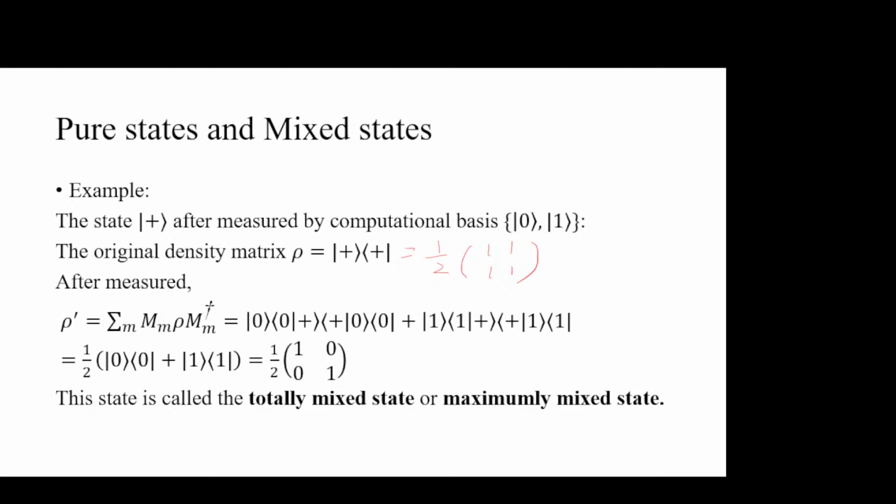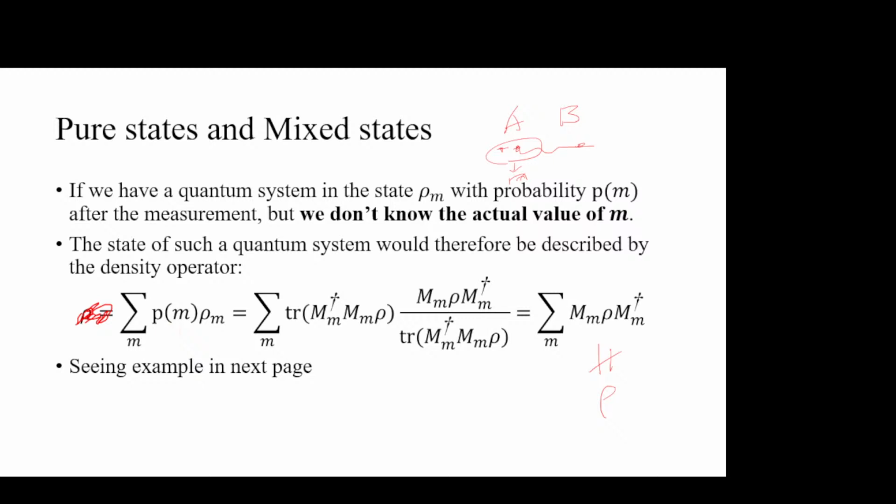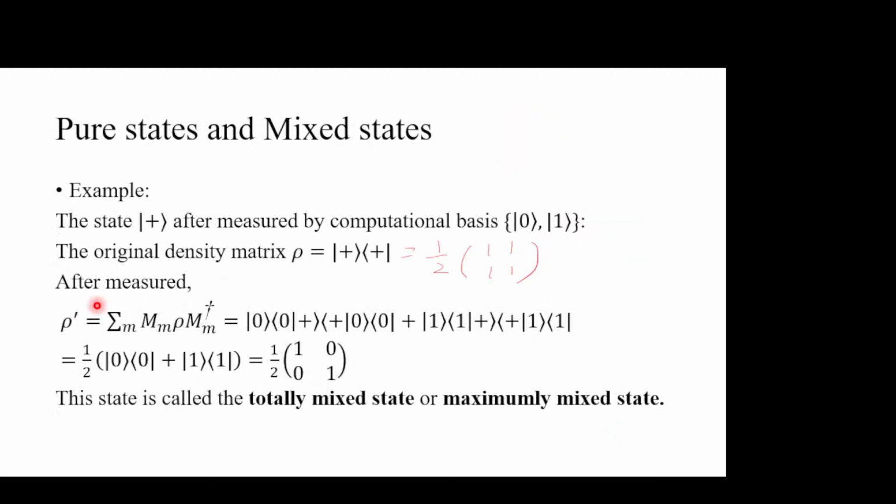And then after measurement, we plug in the formula, rho prime equals, so here we use rho prime, the post-measurement state. The post-measurement state rho prime is the summation of the measurement operator times rho times the measurement operator dagger, excuse me.